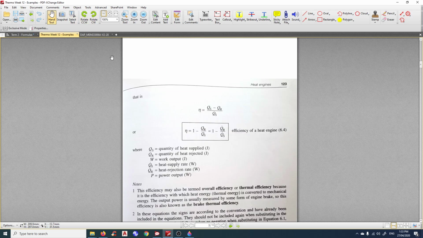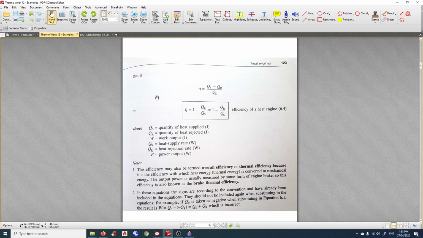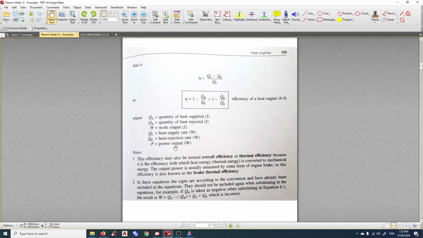I have put this scan into Dropbox, and you can have a look and browse around. So the efficiency of a heat engine is like that, and it's called thermal efficiency.